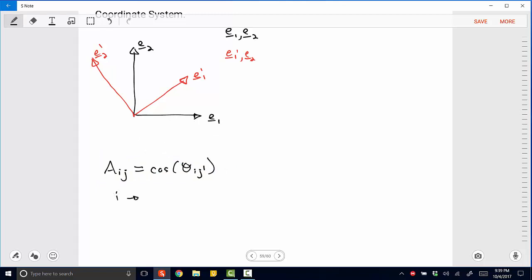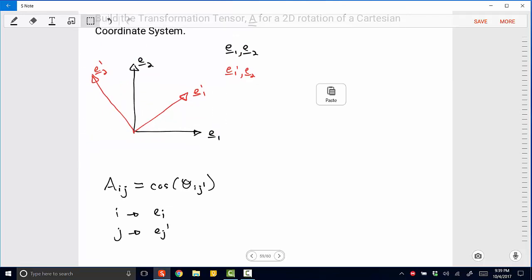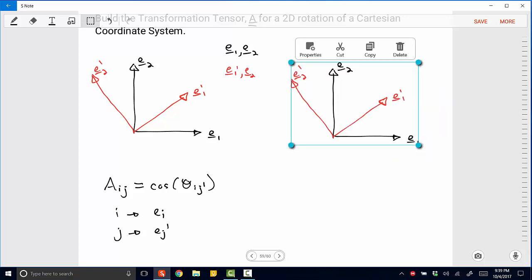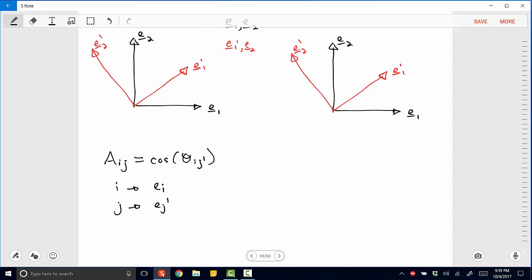I relates to, say, the E i, and J is related to the E j prime. So there are actually angles that exist between the base vectors that we need to find. So let's go ahead and do that. Let's find those angles, copying this coordinate system and piece by piece finding the cosine angles.